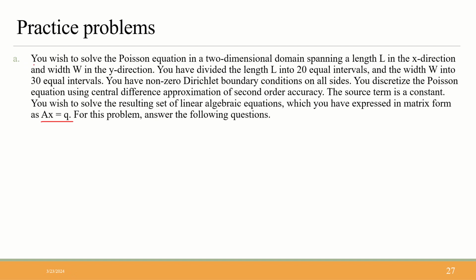So what are we doing? We are solving the Poisson equation in a two-dimensional domain, spanning length L in the x direction and W in the y direction. We have divided the length into 20 equal intervals, and the width W into 30 equal intervals.